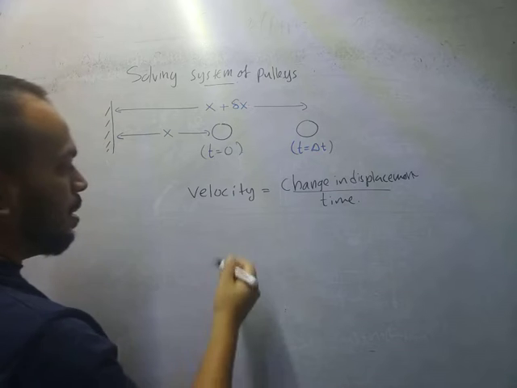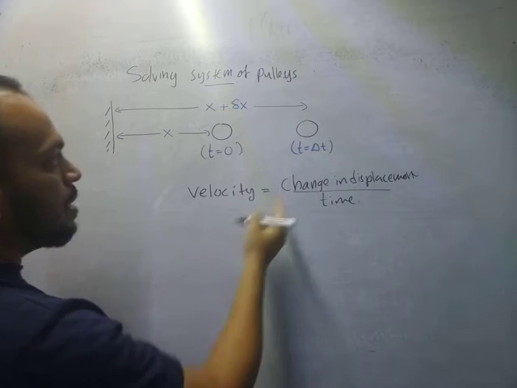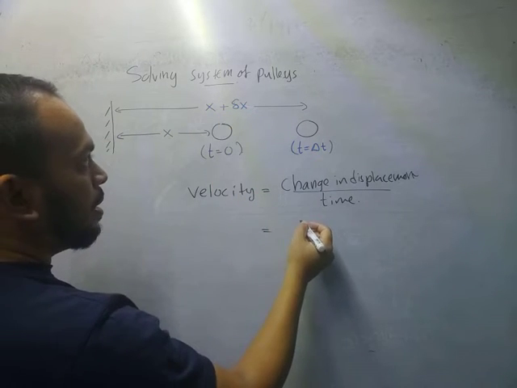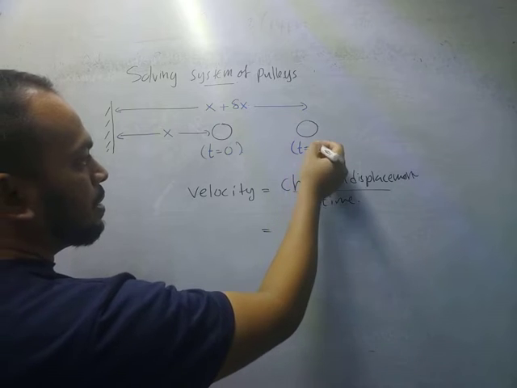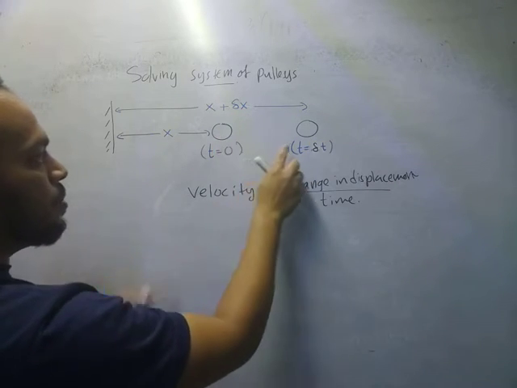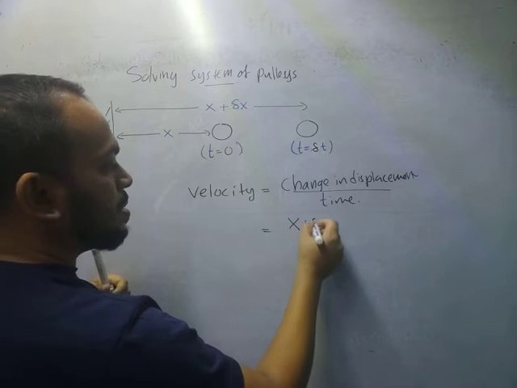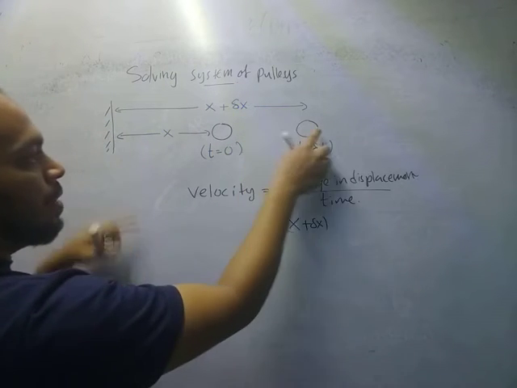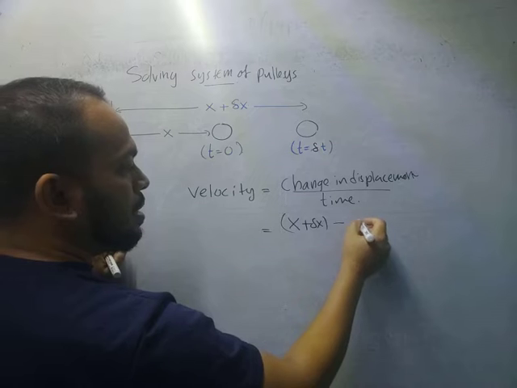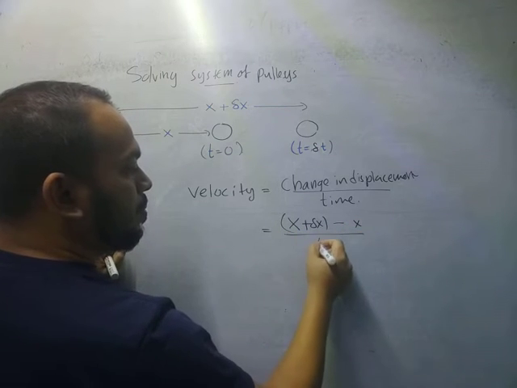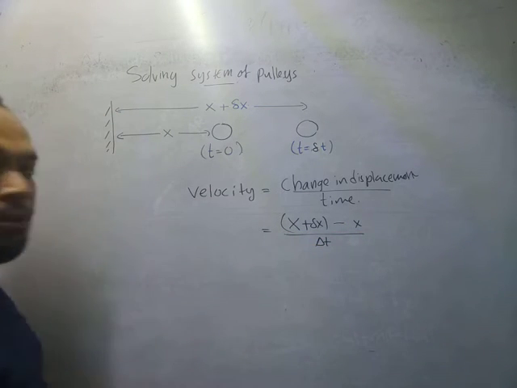Velocity change. Now, velocity in this case: delta x over delta t. The change of displacement is x plus delta x, the final location, minus the initial location, divided by delta t.